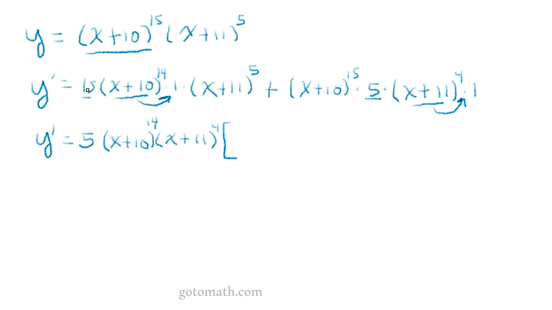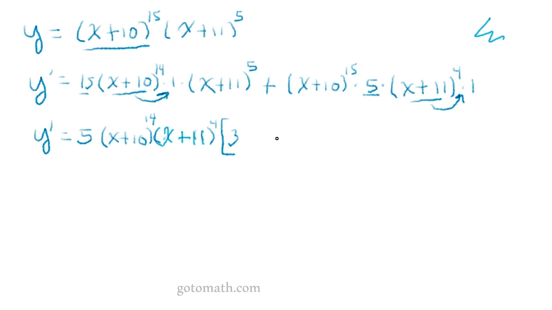I pulled 5 out of 15, so that leaves a 3. X plus 10 to the 14th, we pulled that out completely. Sorry, I had to do some erasing there.